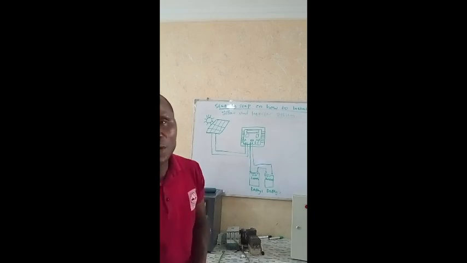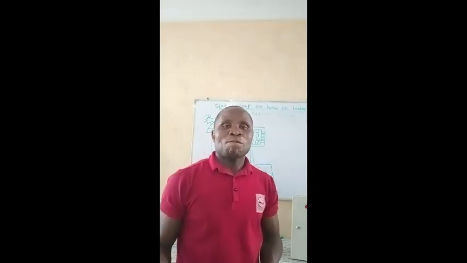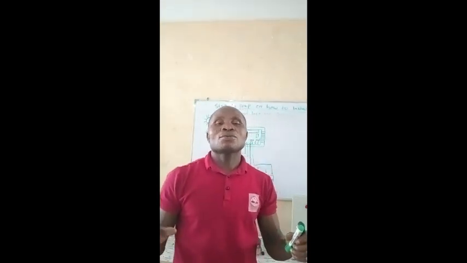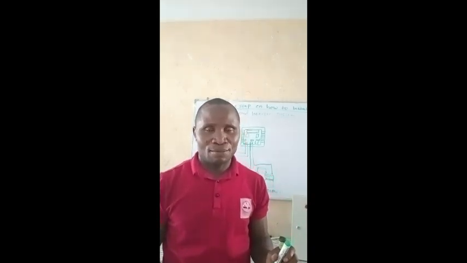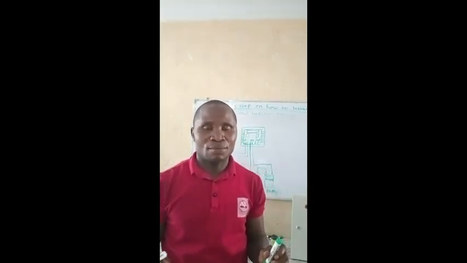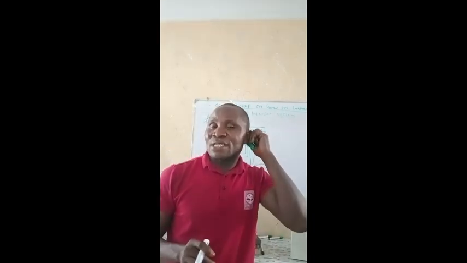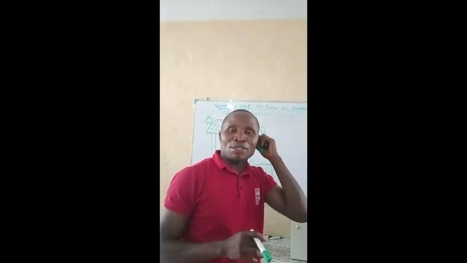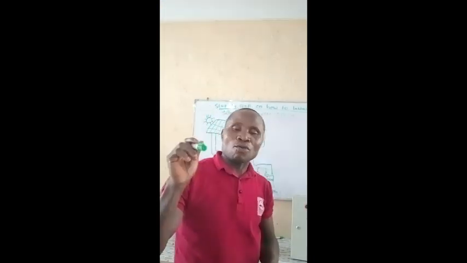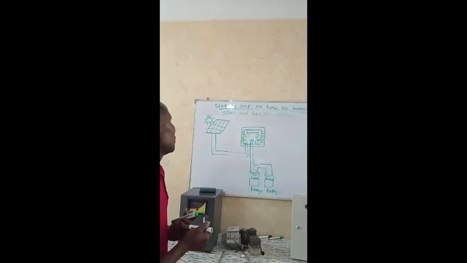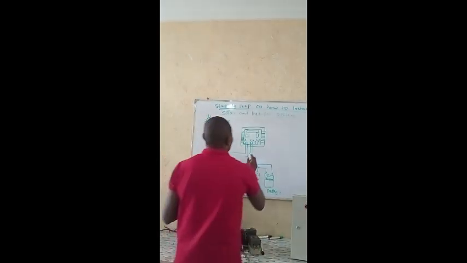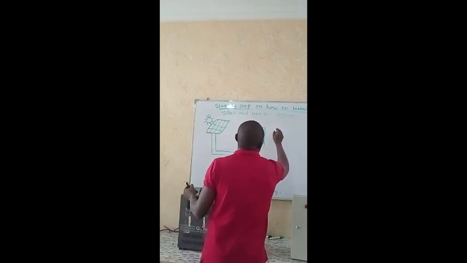Now, at this point, you are able to charge the battery using your solar panel. But what about the load? This terminal, we have DC bulb.